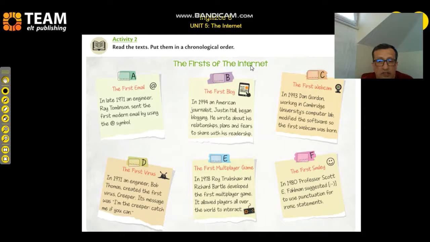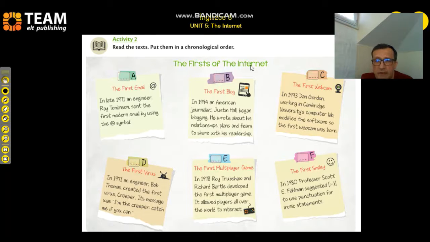It allowed, müsaade ediyordu. It allowed players, oyuncularına müsaade ediyordu. All over the world to interact. Bütün dünyadan insanların etkileşimli olarak oynamalarına müsaade ediyordu. Interact means etkileşim kurmak, etkileşmek. Interaction, etkileşim. Yes, interaction is the noun form and interact is the verb form.